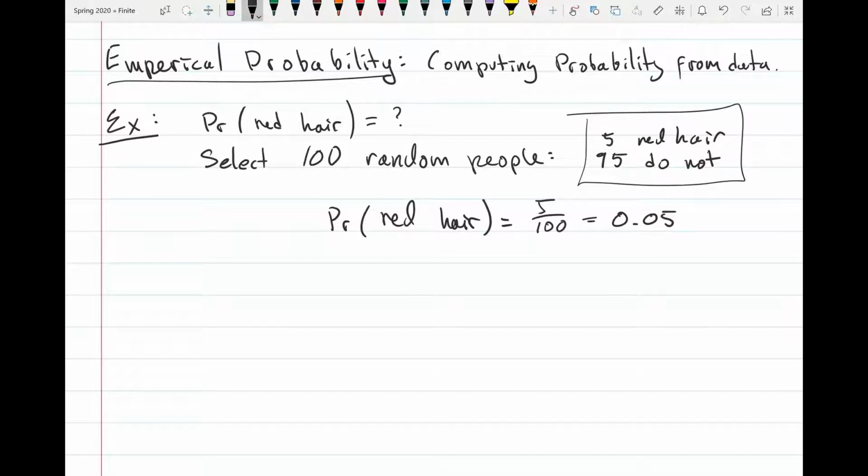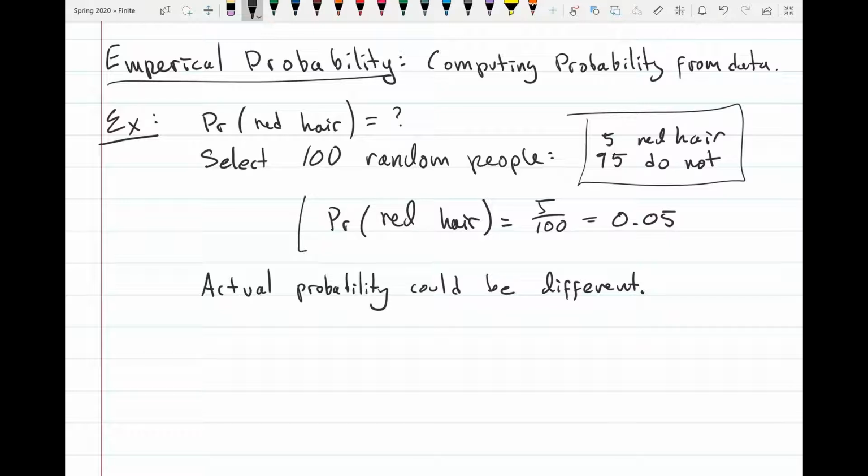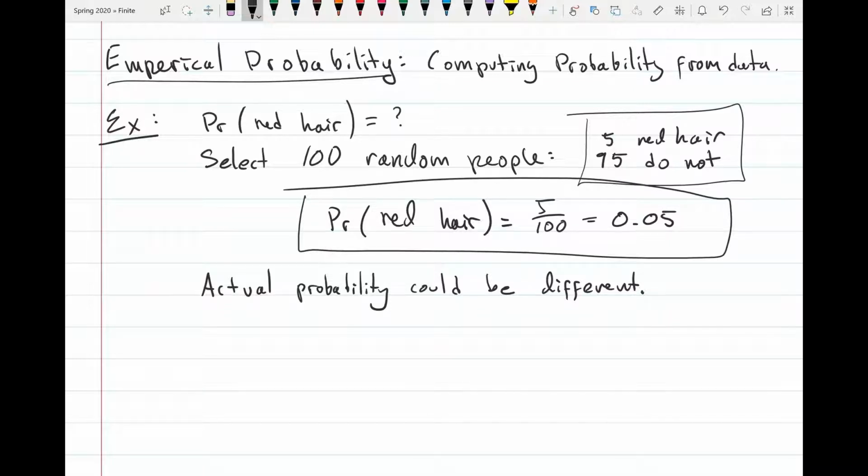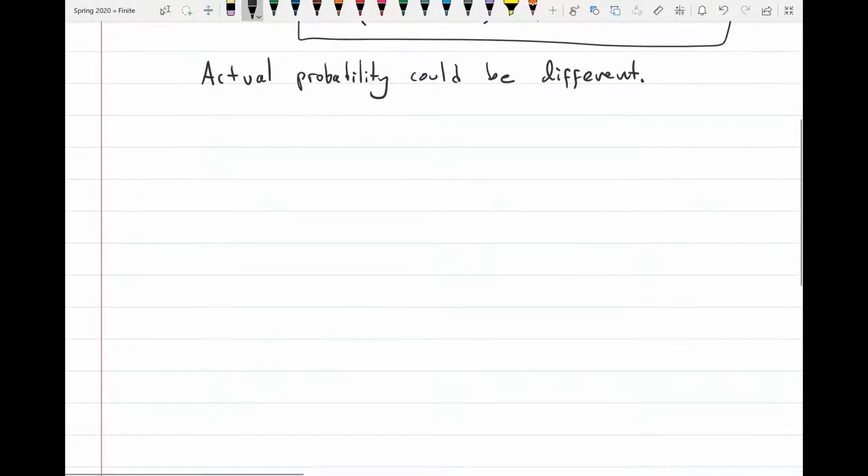Now, maybe the actual probability could be different. But that's what makes this an empirical probability. We have incomplete information, and so that's the best value we can come up with.